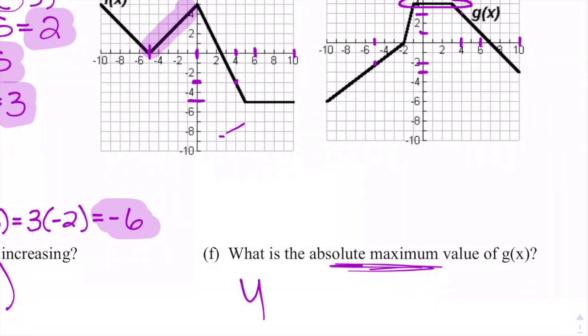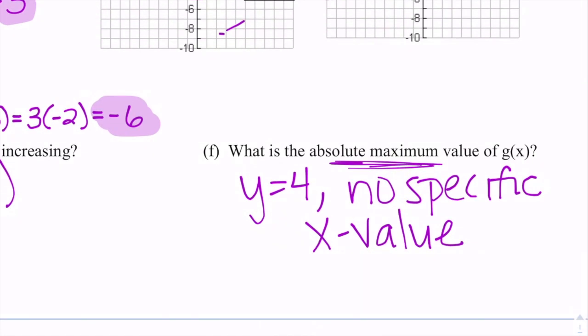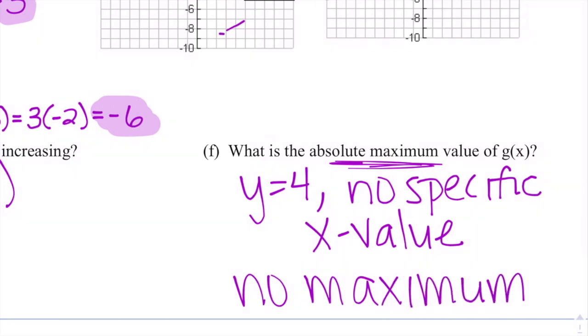So we're just going to say it's at y equals 4 with no specific x value. And so because of the fact that there's no specific x value, there actually would be no maximum on g of x.